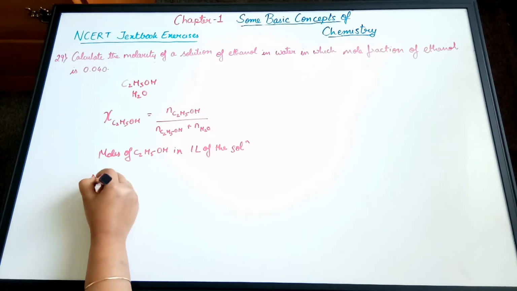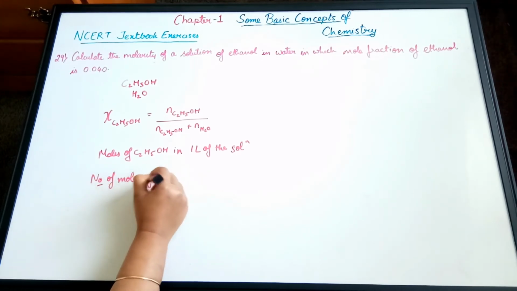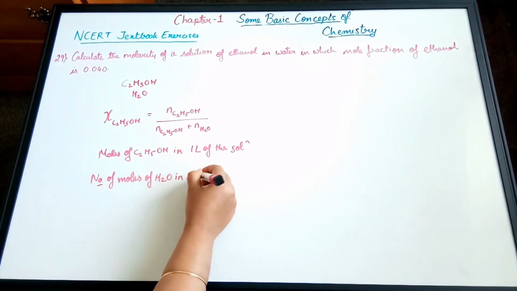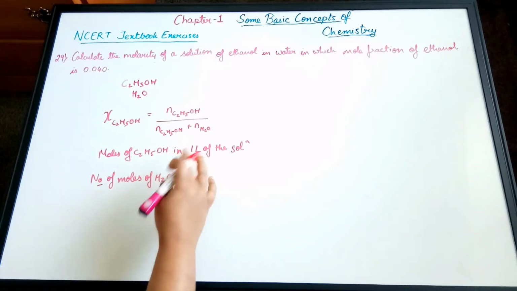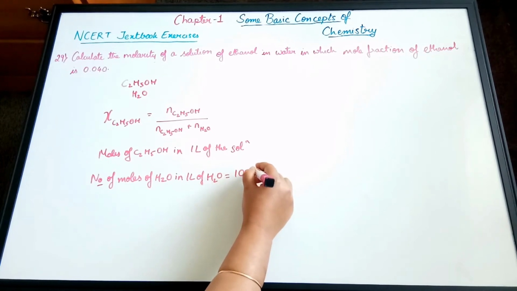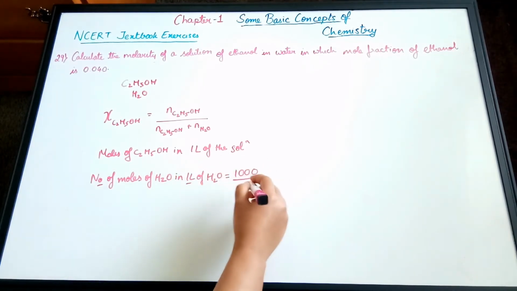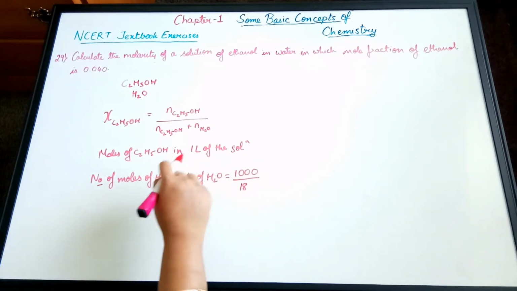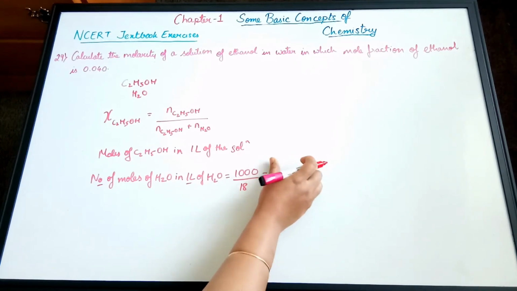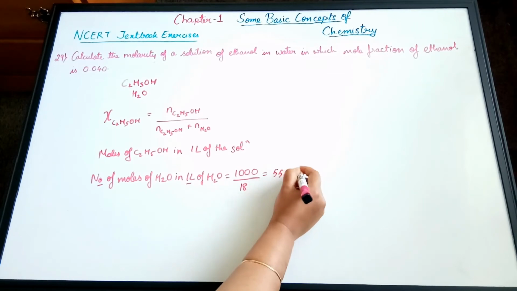So the number of moles of H2O in 1 liter of water equals 1000, because we are taking 1 liter, divided by 18, that is the molar mass. So that is equal to 55.55 moles.